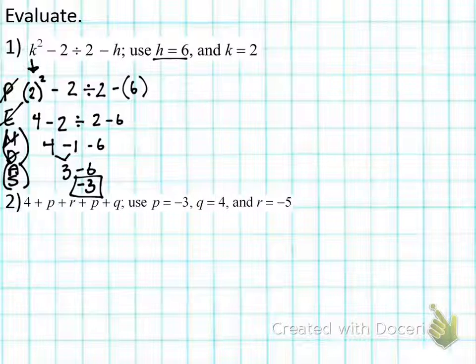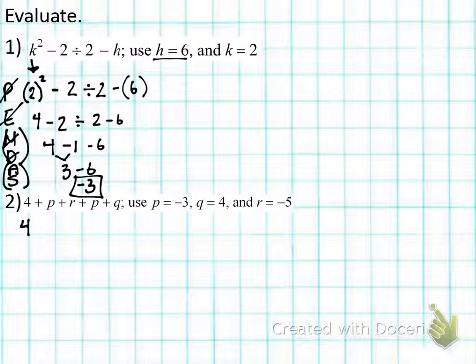Number 2, we have 4 plus p plus r plus p plus q. Again, we're looking at our variables here. I'm sorry, p is negative 3, q is 4, and r is negative 5. So the first thing we want to do is replace variables with the actual numbers. Whenever I see a p, I'm going to use negative 3.